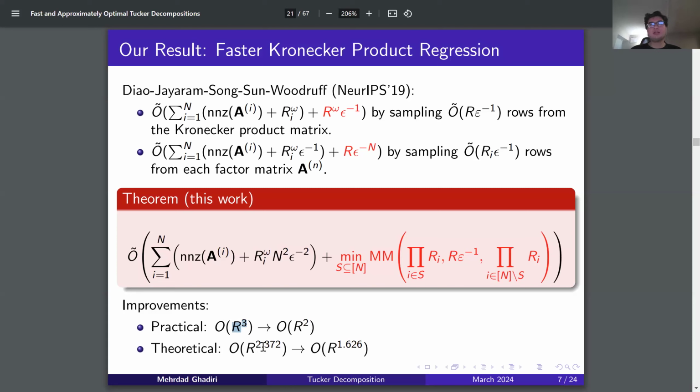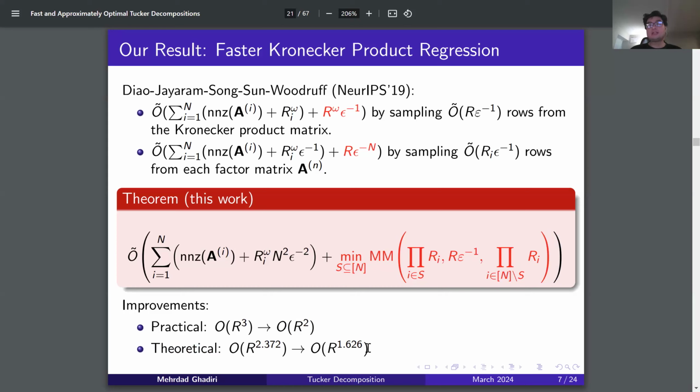These are the two settings I think about. In a practical setting, I'm improving R cubed to R squared. And if it is theoretical, I'm improving R to the 2.372 to R to the 1.626.